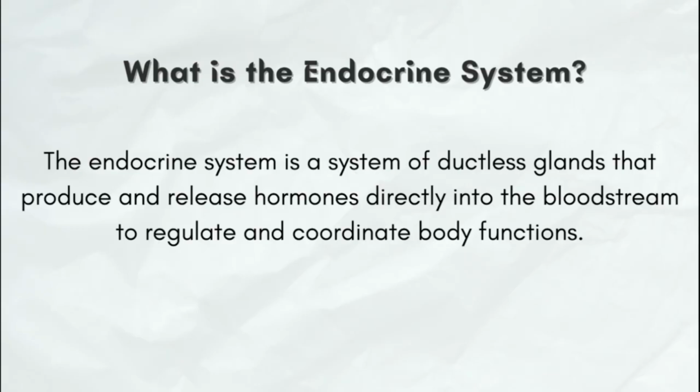Okay, so the endocrine system. It is a system of ductless glands that produce and release hormones directly into the bloodstream to regulate and coordinate the body's function. That means there are no ducts, no tubes, no vessels.